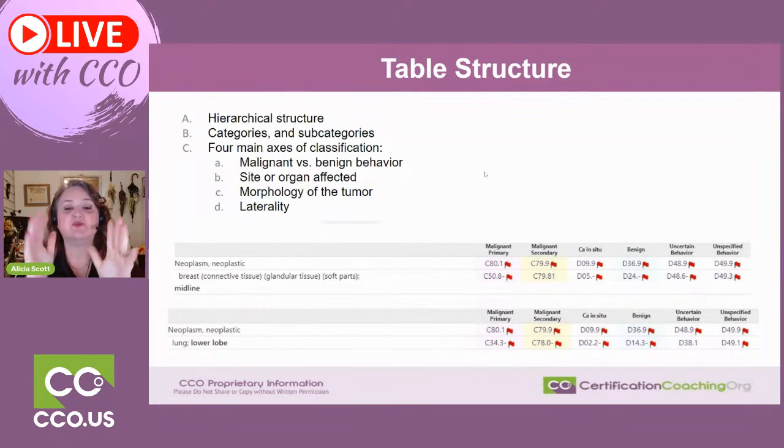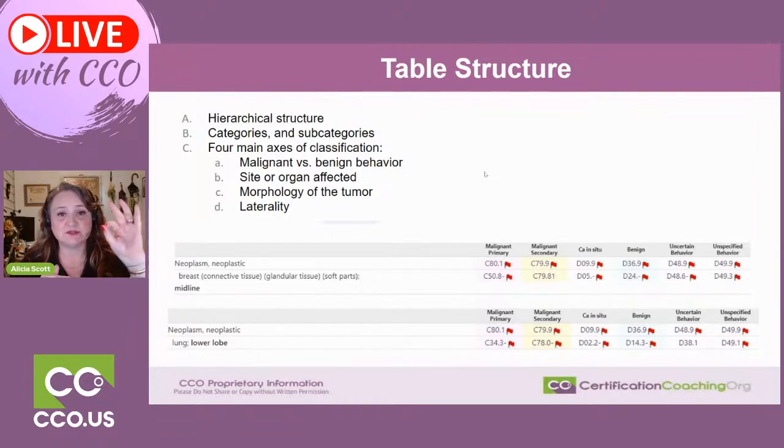This gives you an idea of what the neoplasm table looks like. We have where the cancer is located, or the neoplasm, and then specificity as to a specific area within that body part. And then we have to go to the right and determine, did the provider say it's malignant or benign?